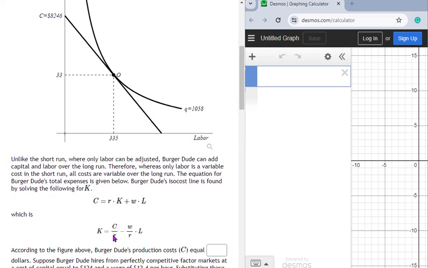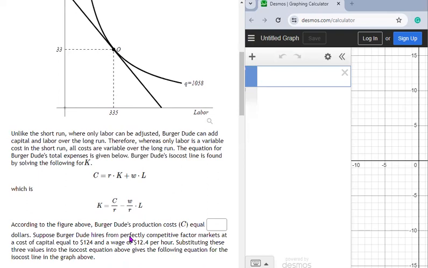We're going to divide that by the hourly rate per unit capital. Then we're going to subtract off the slope times L, and the slope is the wage rate divided by the hourly rate per unit cost of capital, right?